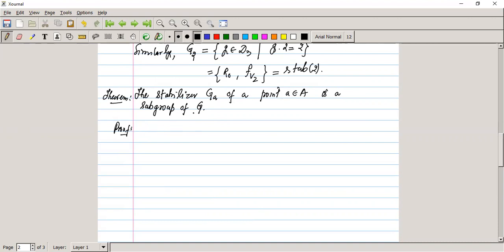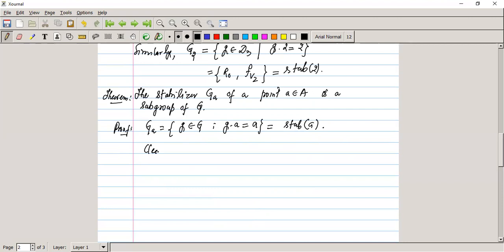So before choosing something from the stabilizer of A, we must be knowing that the stabilizer of every point is actually a non-empty set. So let us define the stabilizer of A here. So the stabilizer of A is the set of elements g belonging to G such that g stabilizes A, or as seen in the previous lines, this is also denoted by Stab(A).